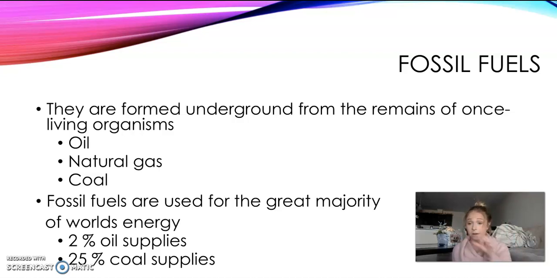They're kind of spaced out throughout the world. For example, in the US, we have 2% of the oil supplies and 25% of the coal supplies. Where you're going to find the majority of your oil supplies is going to be over in the Middle East. So they're very scarce.